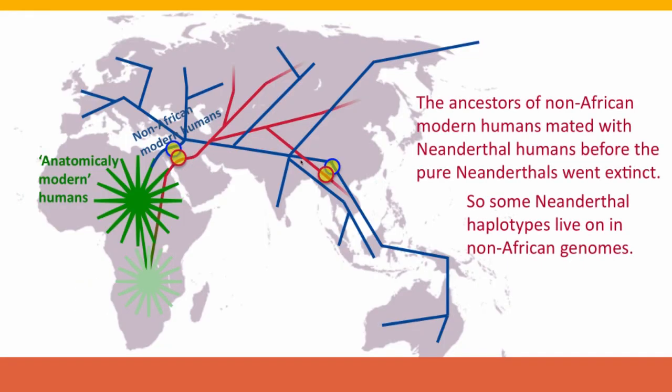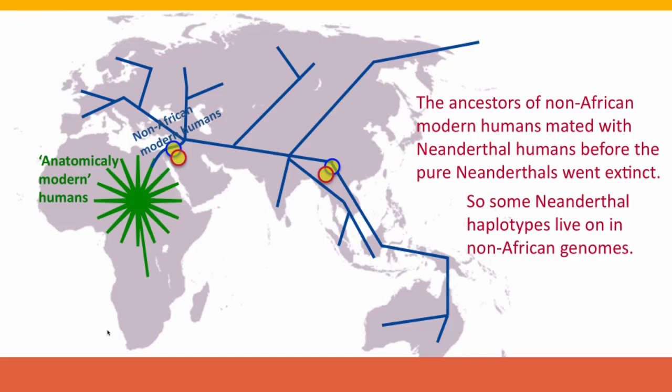So the anatomically modern humans continued to spread, including spreading over into North and South America to be the native peoples of those continents. But the Neanderthals, like the early African humans, died out.